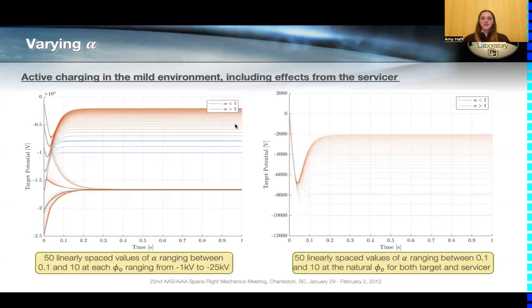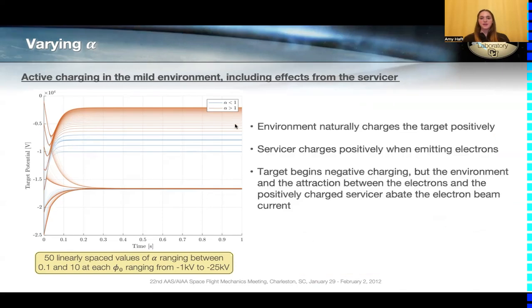Now, accounting for the servicer, the figure on the left is the same as the one in the previous slide. The figure on the right shows the natural charging of the target from its natural potential initially. When the electron beam hits the target, it initially begins to charge negatively very quickly, as you can see.